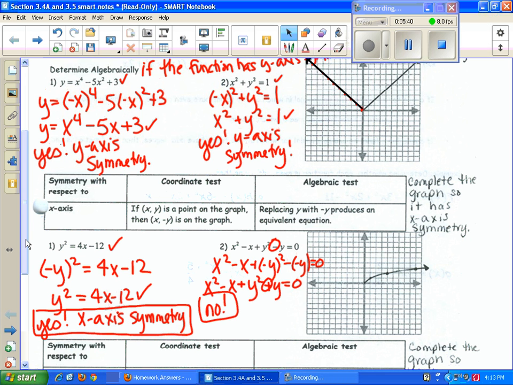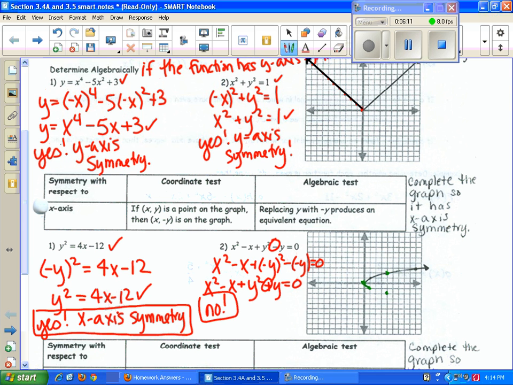So looking at the graph, it says complete the graph so it has x-axis symmetry. So if we have the point x, y in my graph, remember we have to have x, negative y, so 0, 0 would stay the same. If I have the point 1, 1, I would have to have the point 1, negative 1. Actually, let's do 4, 2, which is right here. Then I have to have the point 4, negative 2.